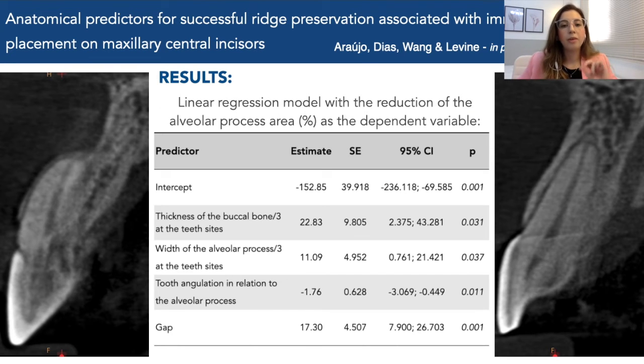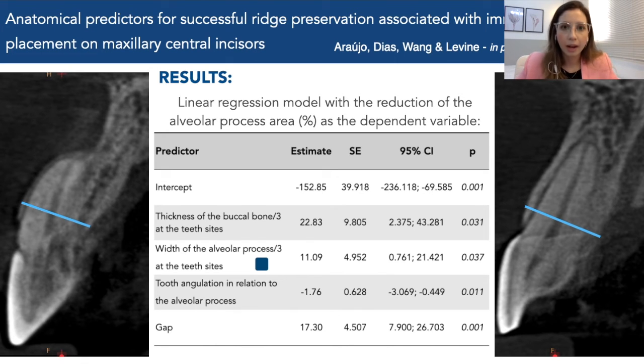So, we built a linear regression model having this reduction of the alveolar process area as the dependent variable. And let's see which factors promoted better ridge preservation. First of all, the thicker the buccal bone at 3 millimeters from the crest, the less the ridge resorption. Secondly, the wider the alveolar process at the same level, the less the ridge resorption.